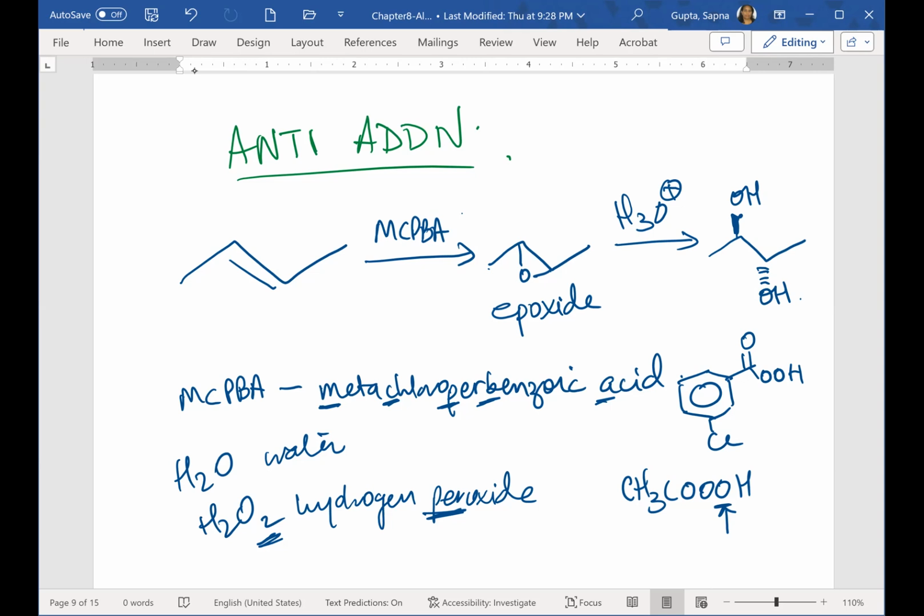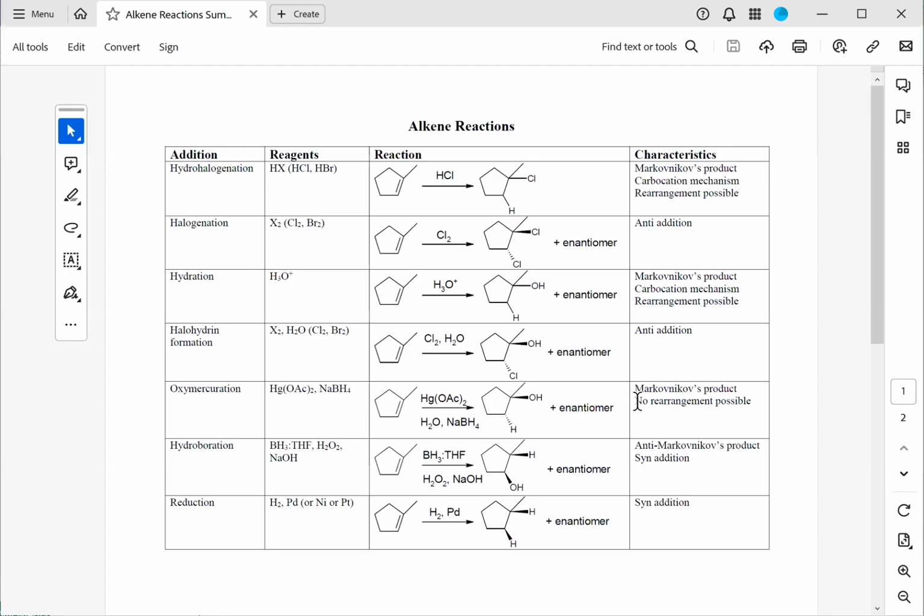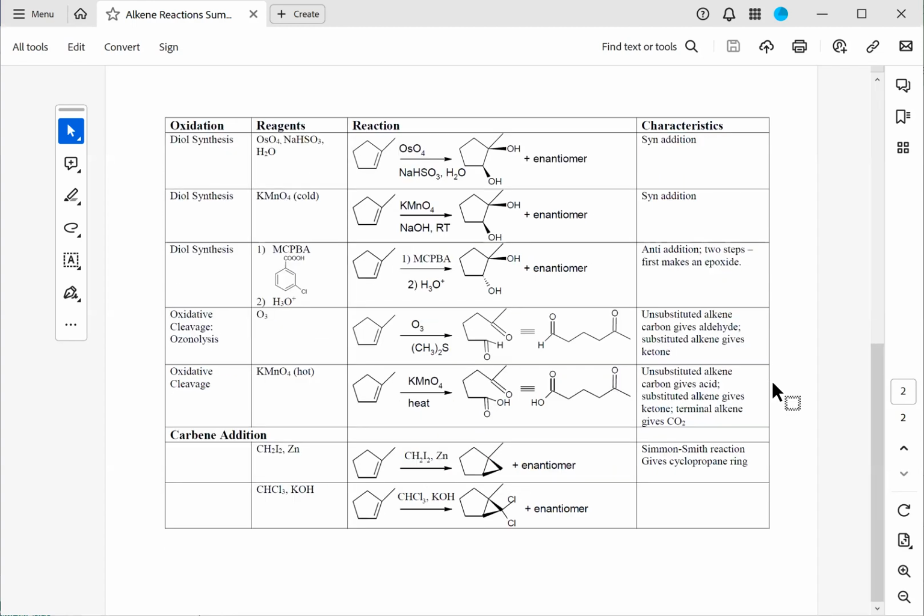Okay, all right. So that brings us to an end. I'm going to skip one reaction, the carbene addition. I don't think you need it. It just becomes too much.